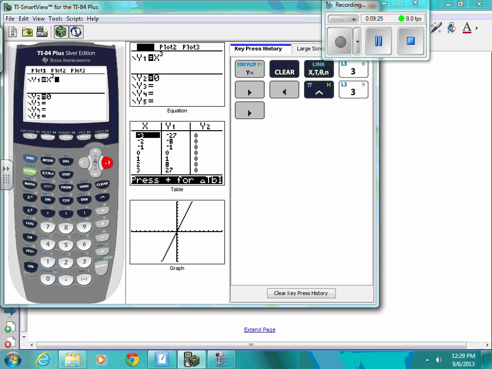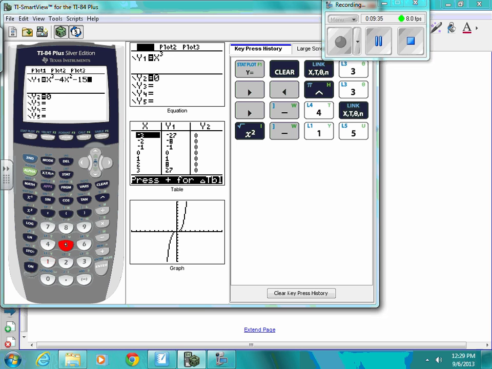We have to use x all the time. I'm sorry about that. I did not design it. So if you have a problem with the way it's designed, you might want to contact Texas Instruments. But until then, we just have to use x every time. I'll put 0 in for y2. That'll help you find where it intersects the x-axis. I go to graph.